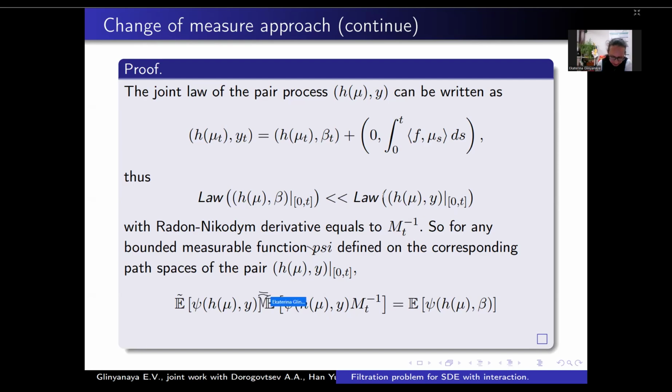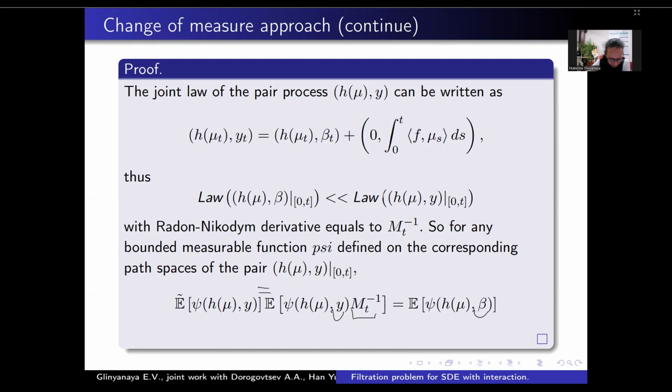Then the expectation with respect to the probability measure p tilde is rewritten just as the expectation with this exponent. This is equal, and this will be the same when we replace y with beta.